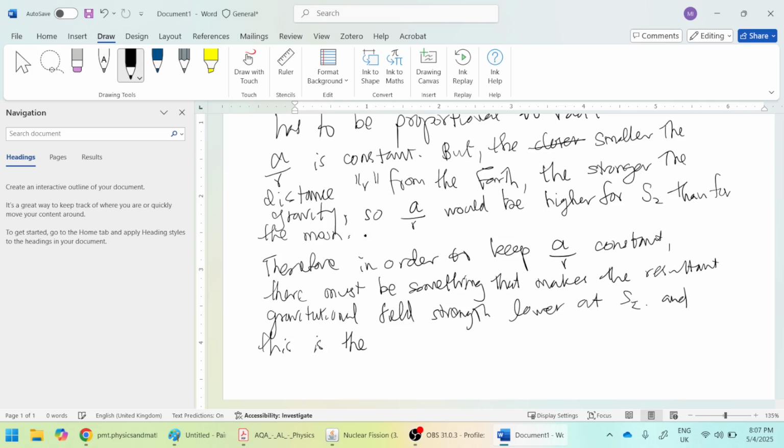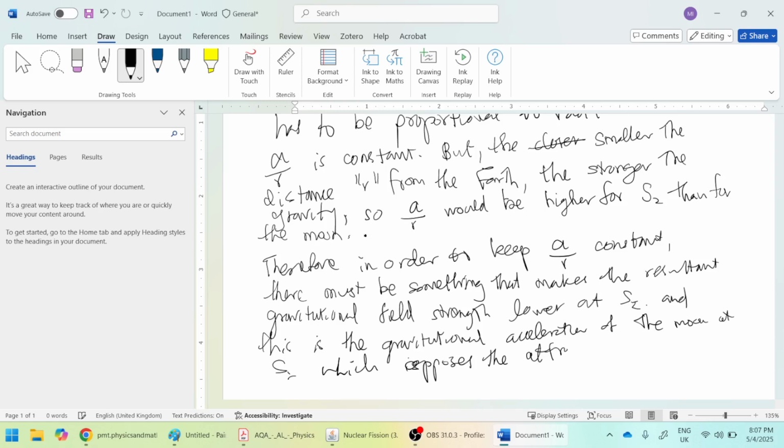This is the gravitational acceleration of the S2, which opposes the attraction of the Earth.